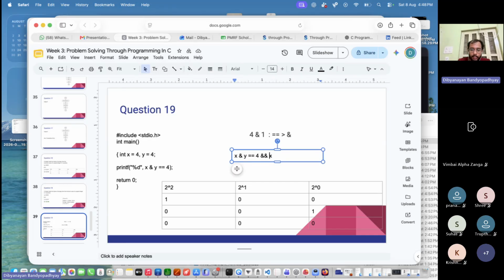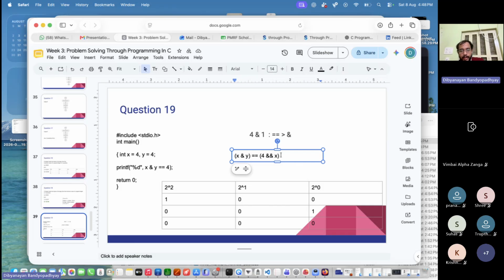Any normal human will group them like this. So this and then this, right? So this is everybody's guess. And the interesting thing here is that this is not the correct way.